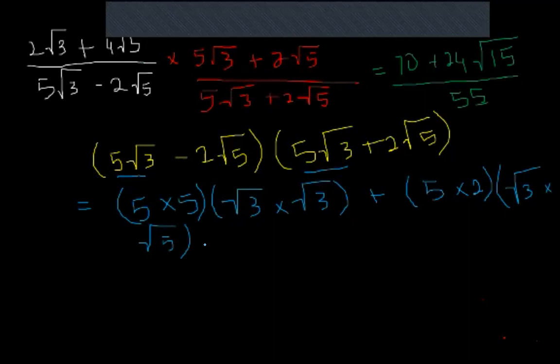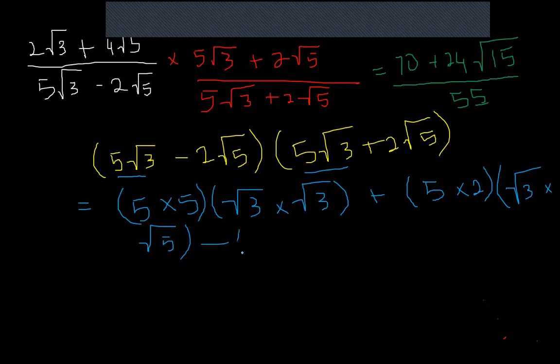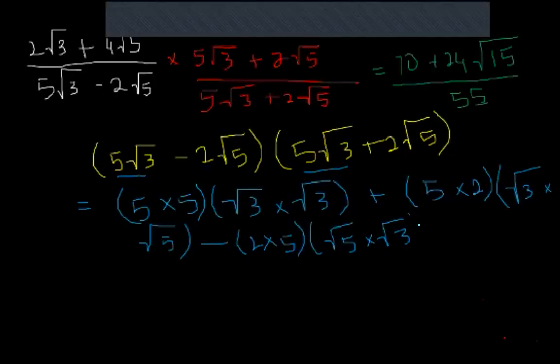So let me just put a minus sign. Minus 2 root 5 times 5 root 3. That would be your 2 times 5 like usual. You multiply them like normal. And then the square root of 5 times the square root of 3.